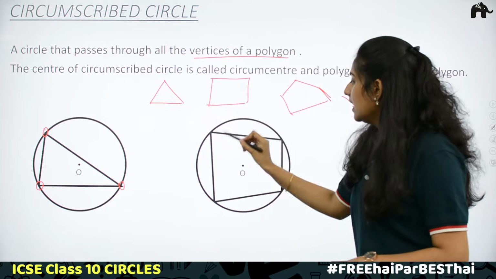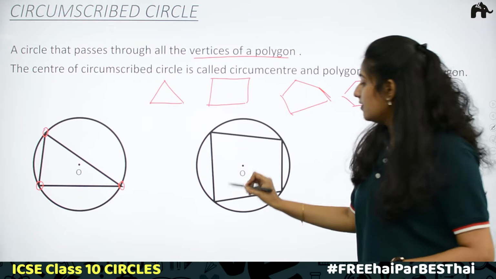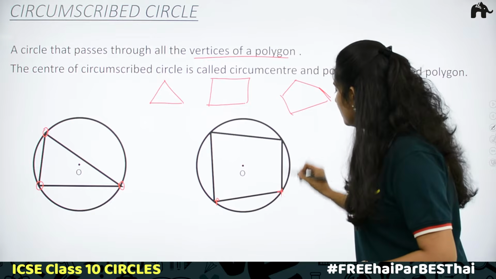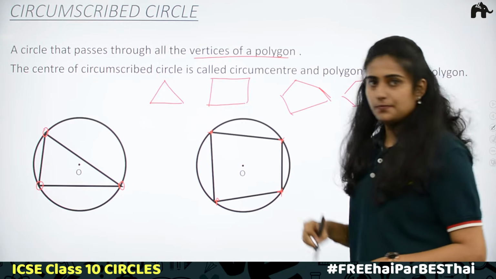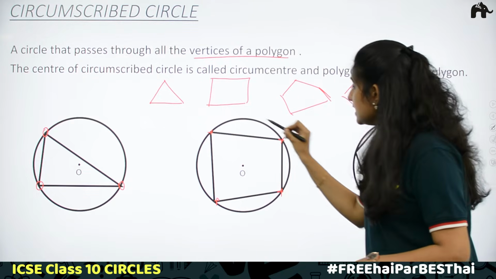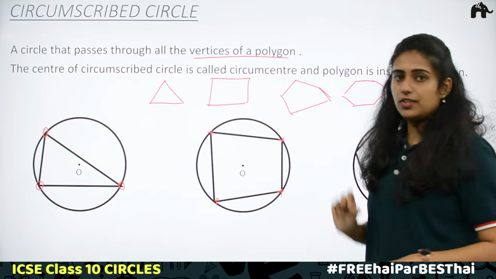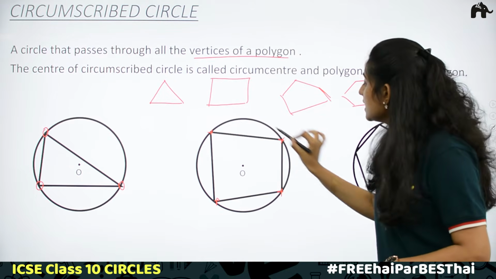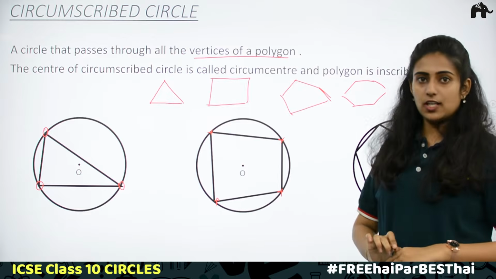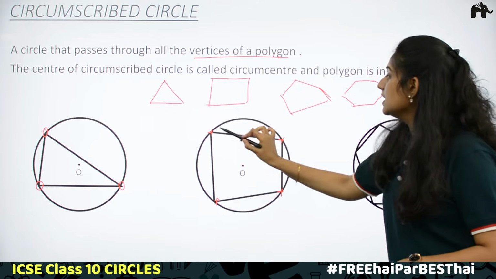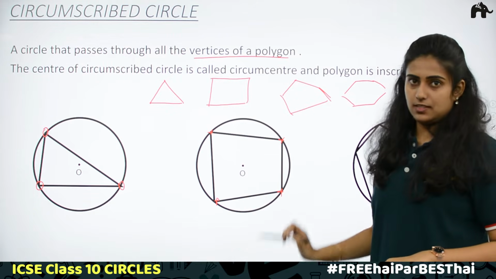Here again, in this quadrilateral, these are the vertices. Yes. And the circle touches all the vertices of this figure. The circle touches all the vertices of this polygon. So here again, this circle is a circumscribed circle.